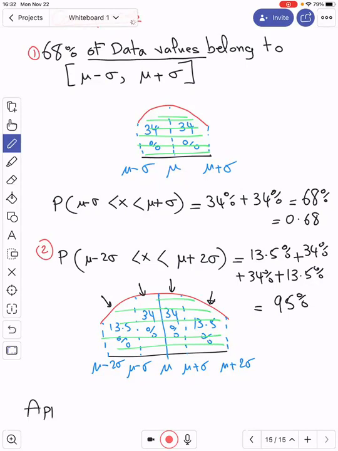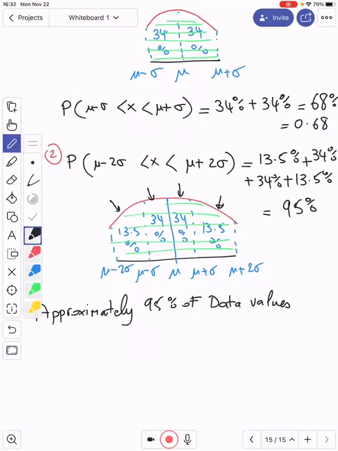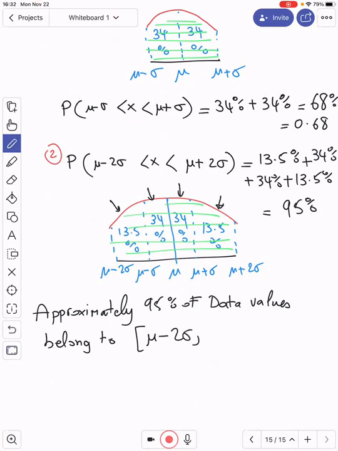It's a 95% chance that your x is between mu minus 2 sigma and mu plus 2 sigma, right?